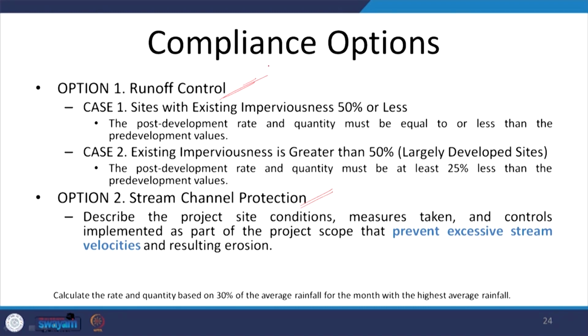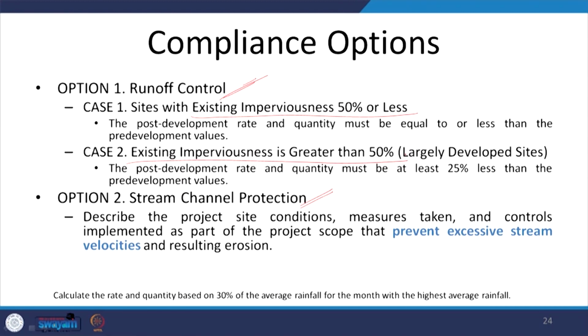Now, these two cases are where the site which we are going to develop, for a specific project site, has existing imperviousness of 50% or less. So, it is a site which is less developed, and there could also be a case where the existing imperviousness is greater than 50%, which is the largely developed site.